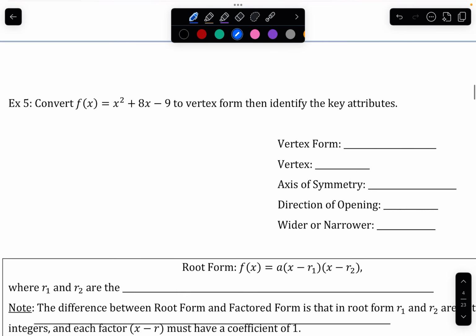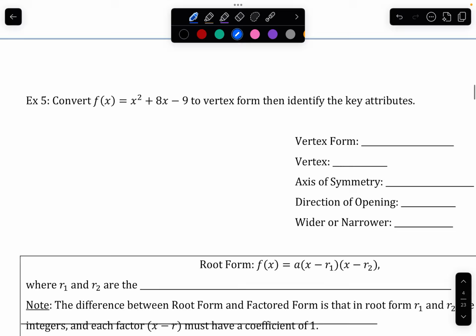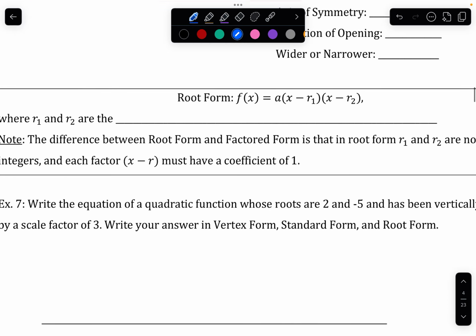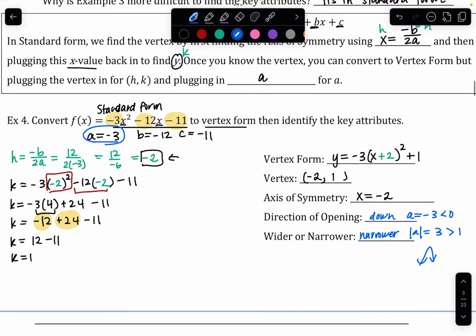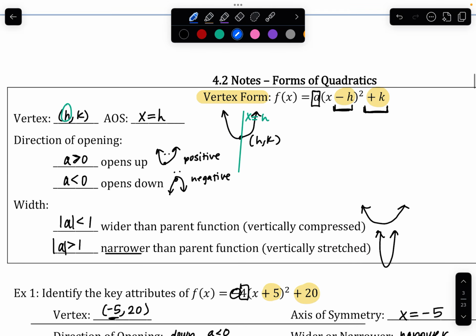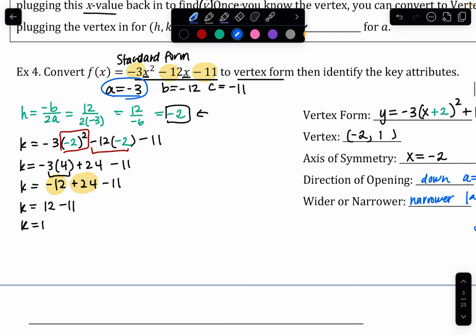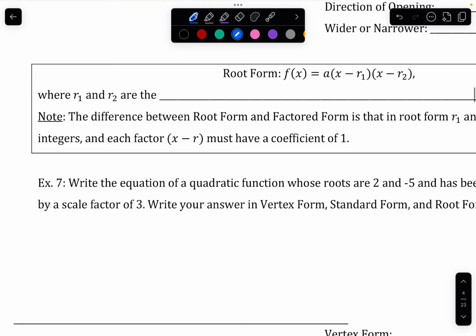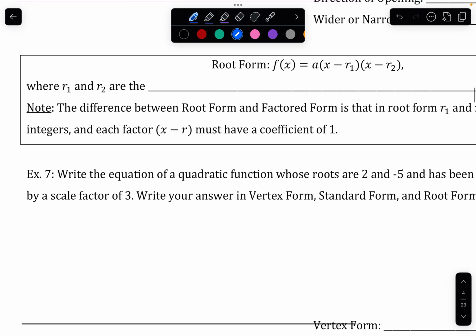Okay, I'm going to skip example 5. It's similar, but even easier, and talk about root form. From vertex form, we get the vertex for free. From standard form, we have to work a little bit, but we can still get the vertex. From root form, we get the roots for free. And so this R1 and R2, those are your roots, okay?